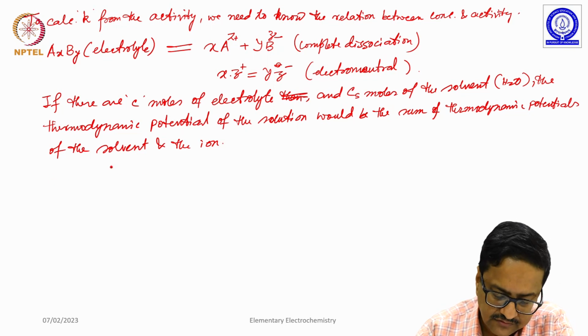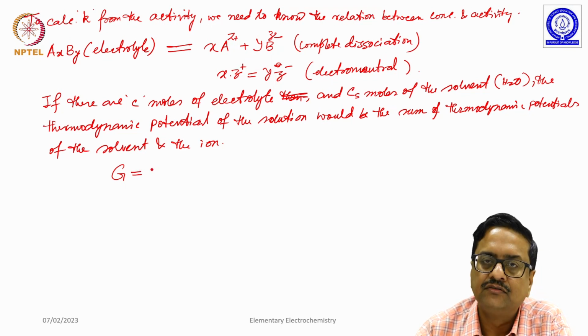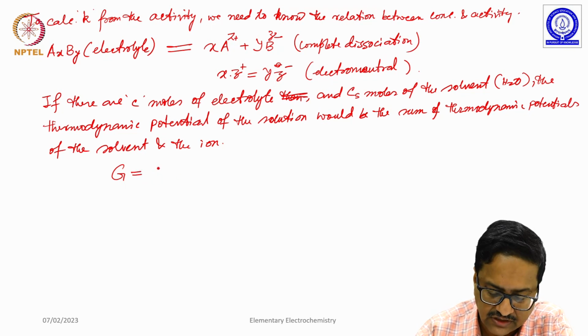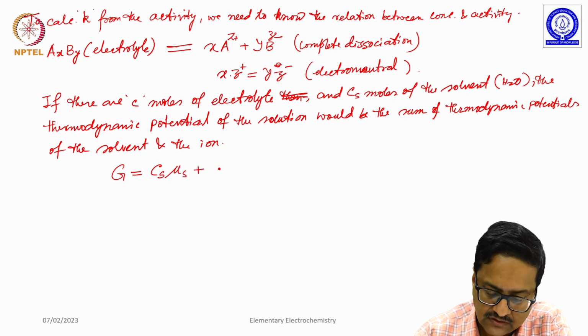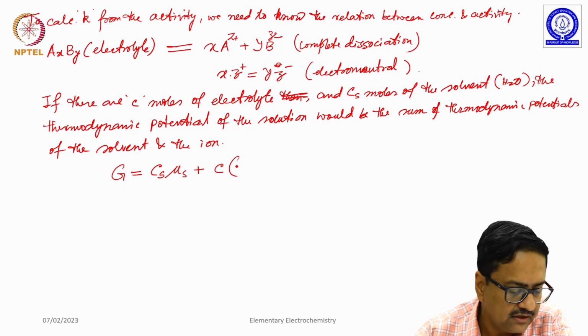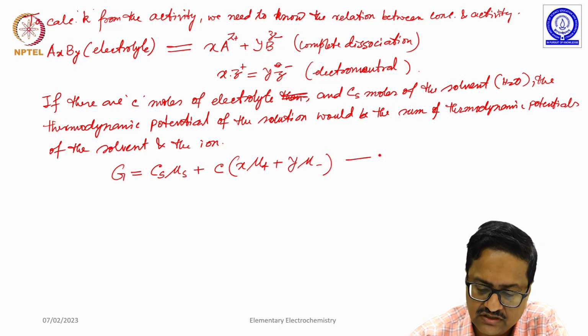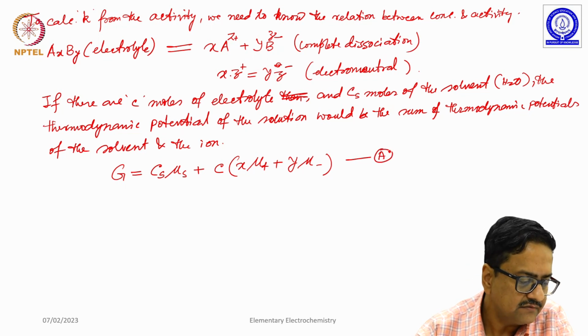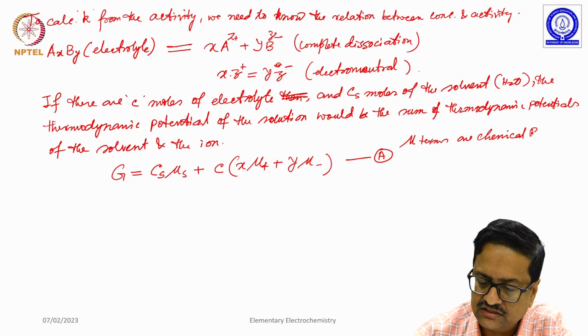So, one can write G, that is Gibbs free energy of the solution, is nothing but CS mu s plus C into X mu plus plus Y mu minus. I write this equation as equation A, where mu terms are chemical potentials.